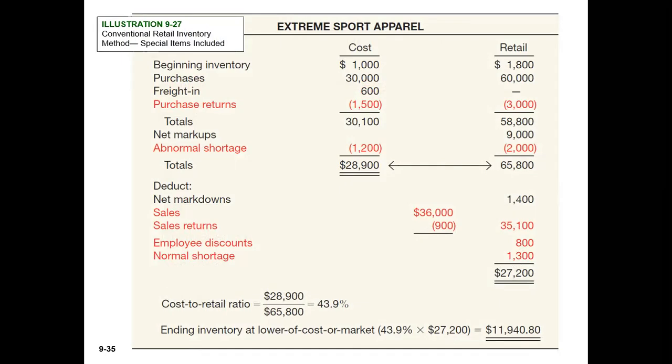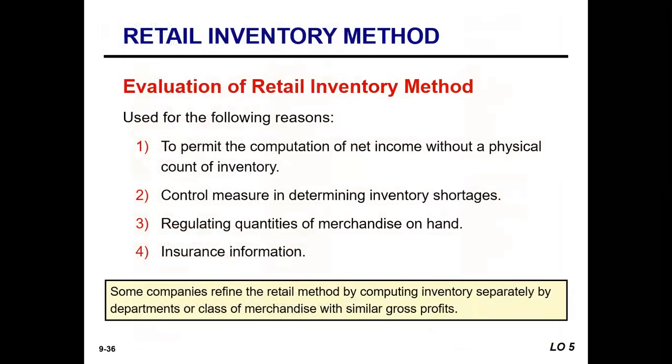The purchase returns, the abnormal shortage, sales returns, employee discounts, things like that. Again, it's showing us this information on page 464 of our textbook if you want to review that.